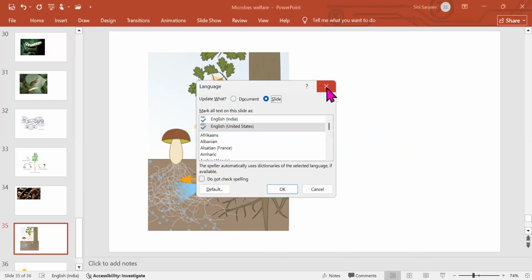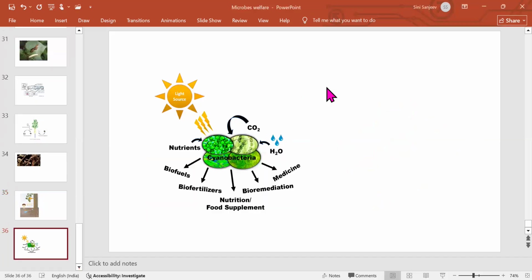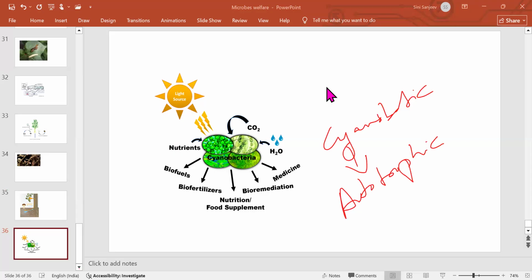Then we have the last one, which is cyanobacteria. Cyanobacteria are autotrophic microbes, which means you already know the photosynthesis characteristics they have. They are usually found in water and soil, and they have the ability to fix atmospheric nitrogen.